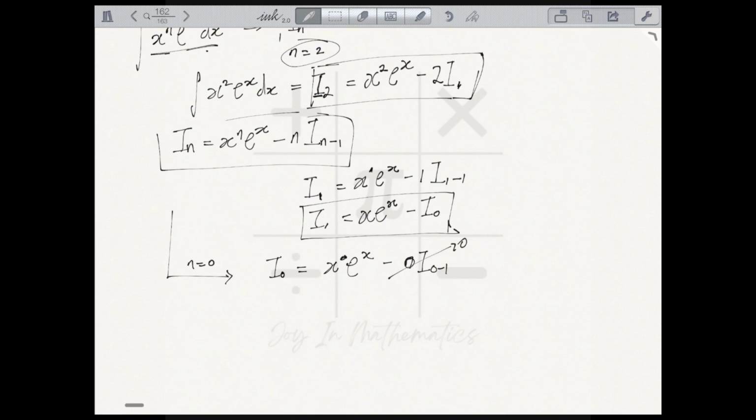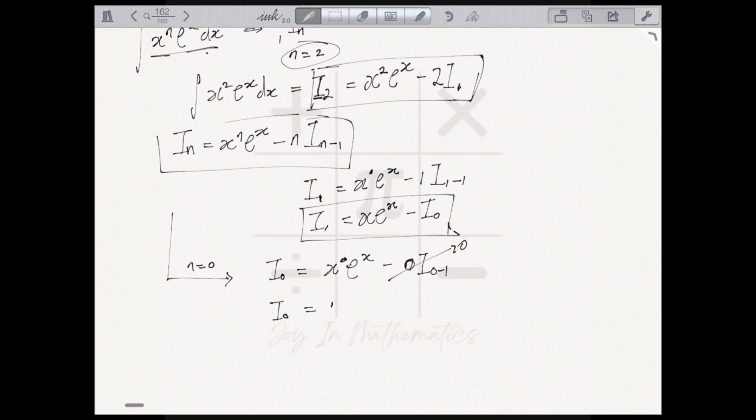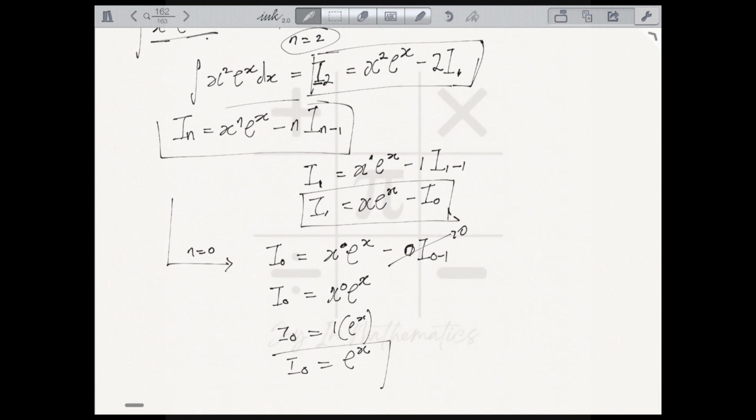So this returns 0, and our I0 will be equal to x raised to the power 0 exponential x, which is the same thing as 1 multiplied by exponential x. So our I0 is equal to exponential x. Now, because there will be a constant of integration, we say that I0 is equal to exponential x plus c, but that can be neglected for now. So we have evaluated I0.